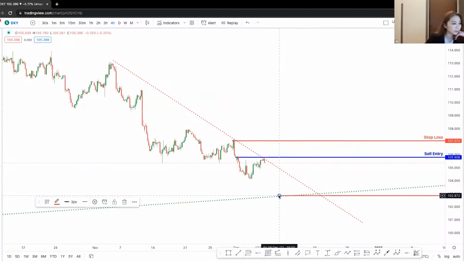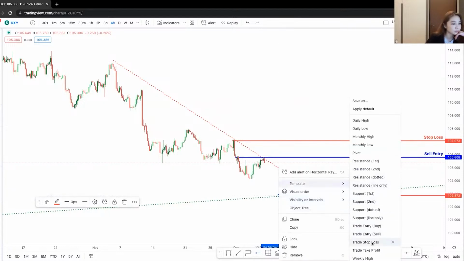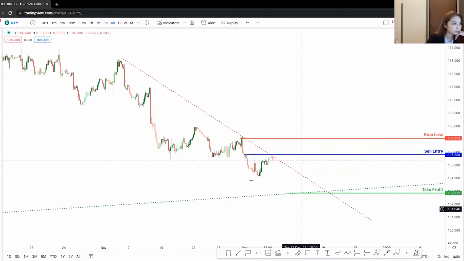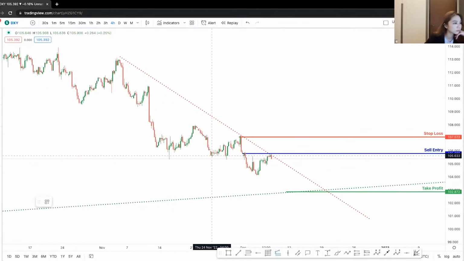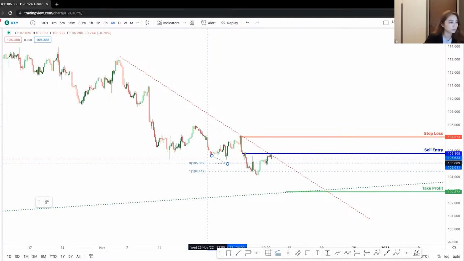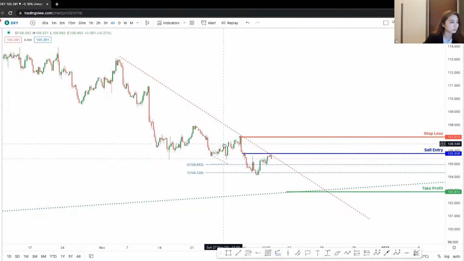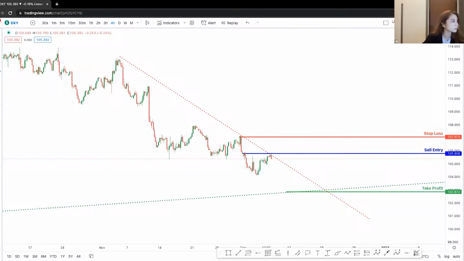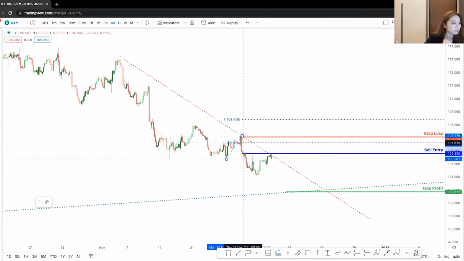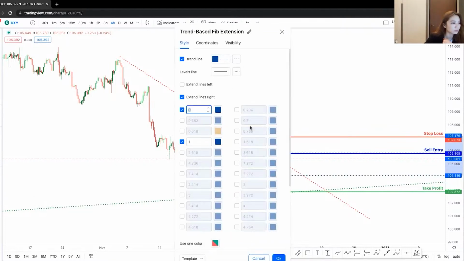I'm going in line with the trend line instead. Let's use our Fibonacci projection. 100% for the drop.